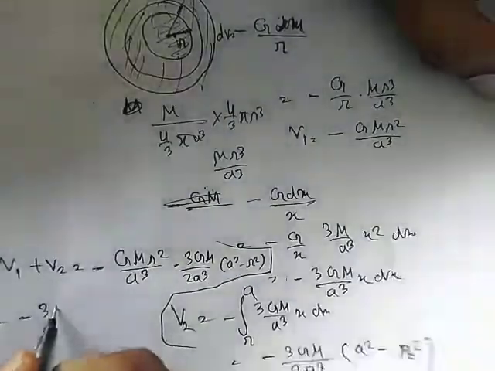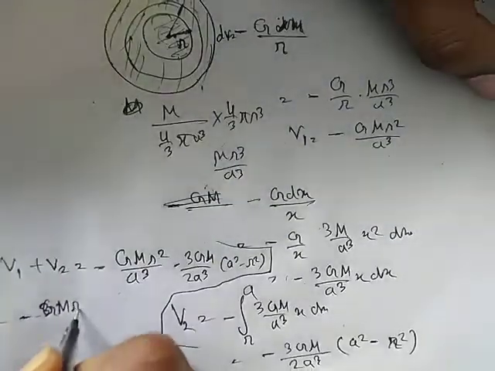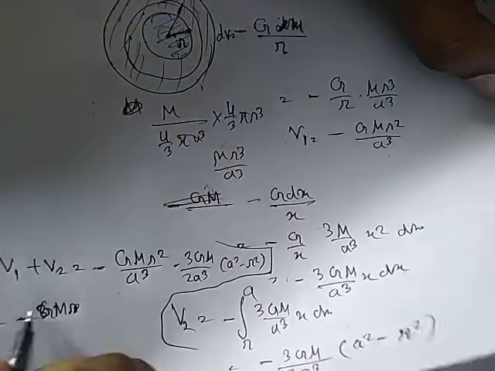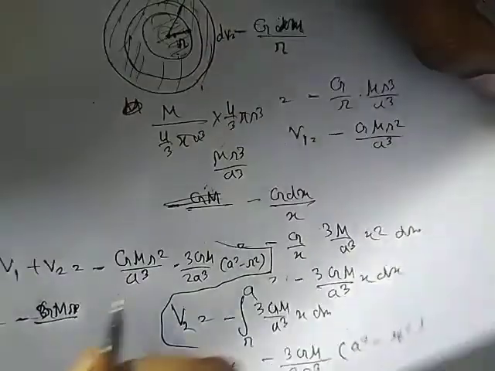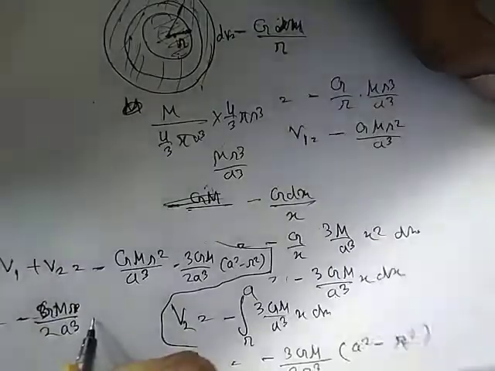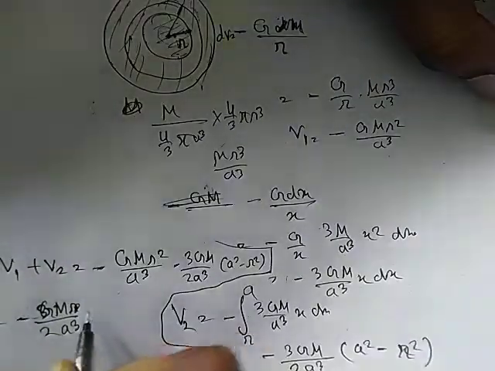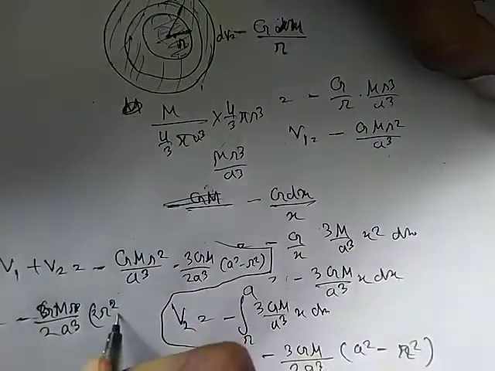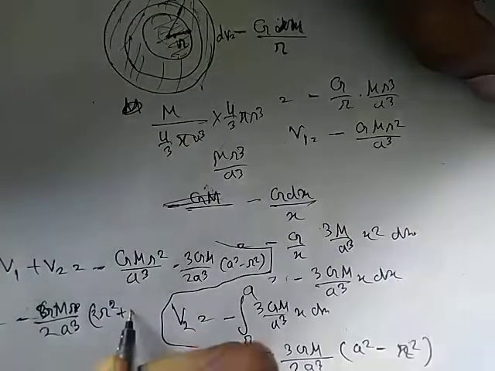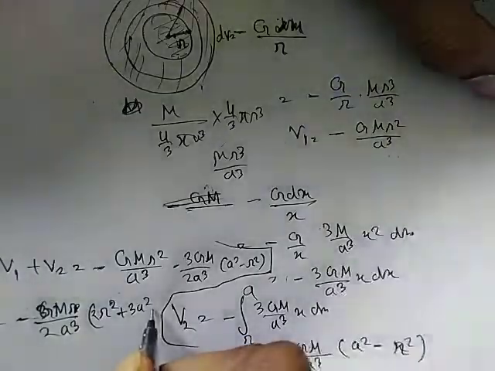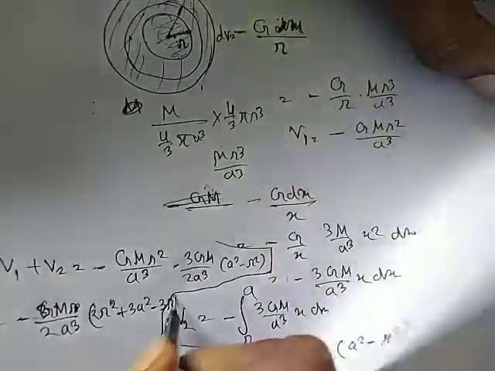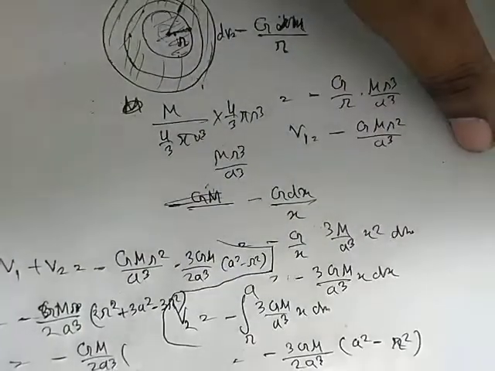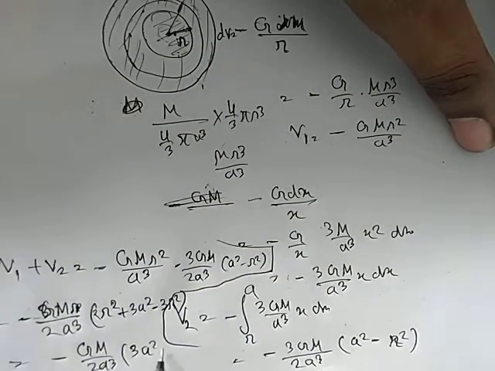which ultimately becomes 3GM by 2a cube times the quantity 2r square plus 3a square minus 3r square, which gives us GM by 2a cube times 3a square minus r square.